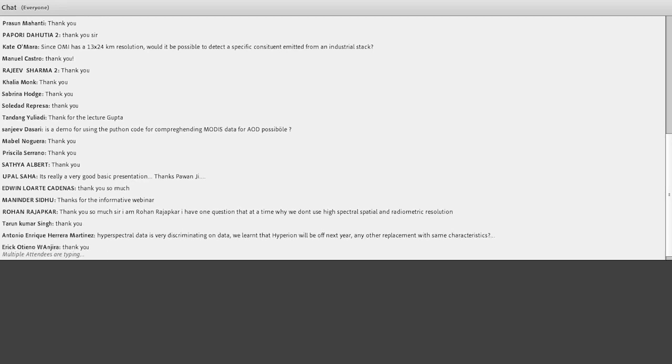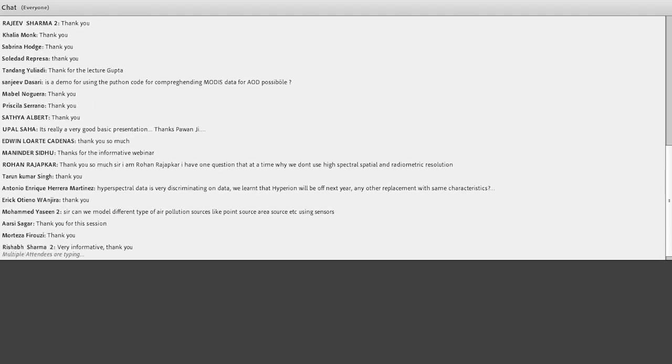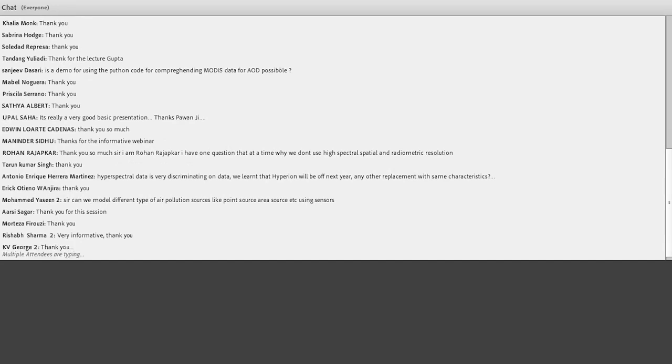Now we have the next generation. MODIS does not have an exact follow-up, but VIIRS provides almost similar information, not exactly the same. And VIIRS will have follow-up missions. It's a NOAA-NASA partnership mission. Currently one VIIRS, which was launched in 2011, is working.